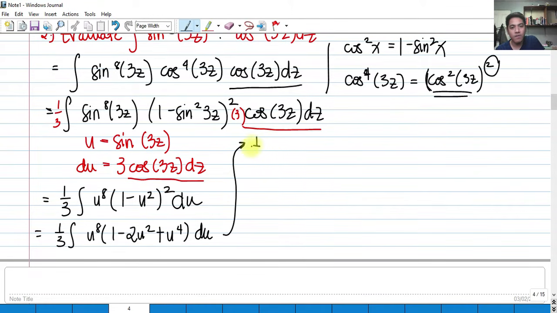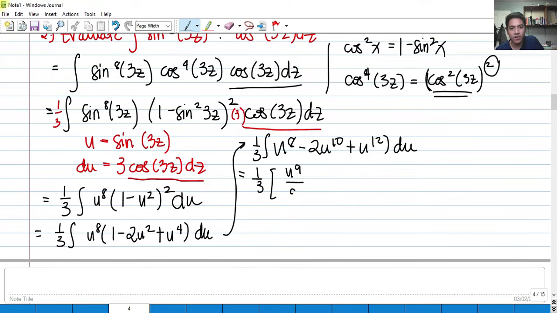So, we can now perform integration by actually distributing this u raised to 8 outside of the quantity. So, we have u raised to 8, minus 2u raised to 10, the exponents add up, plus u raised to 12 du. Of course, if we integrate this, this should be easy by power rule.